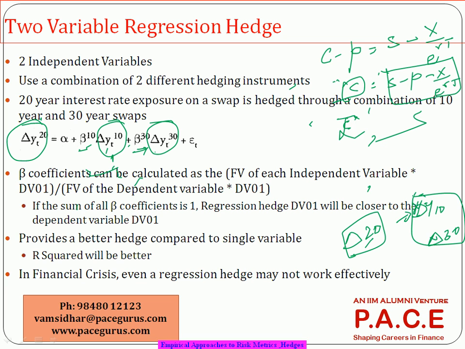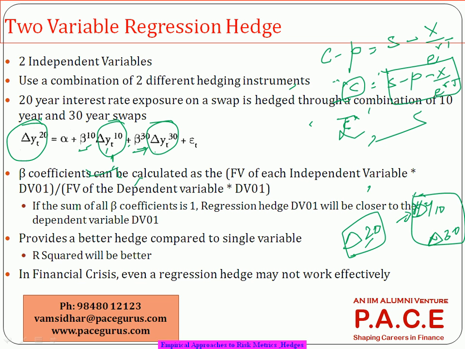If the R squared is very, very high, my hedging position is that if I am long on the 20-year bond, I'll create a short portfolio on the combination of 10 and 30. But if the R squared is much lower, then no combination will give me a better hedge in this scenario. So that is what we are trying to do using regression-based hedging.